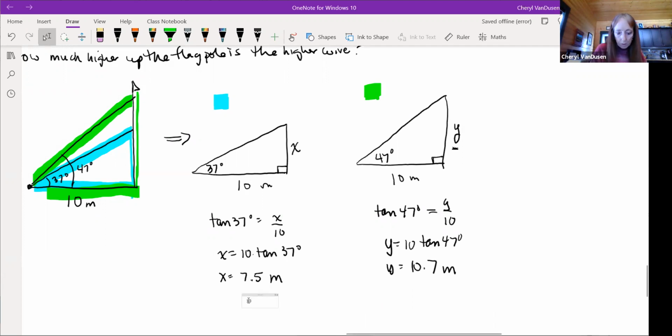Okay, so 10.7 take away 7.5, 3.2 meters. Oops, that didn't work. 3.2 meters. Okay, that's kind of small. I apologize, for some reason my pen doesn't seem to want to work. Oh, there we are. Just had to give it a little bit of time.